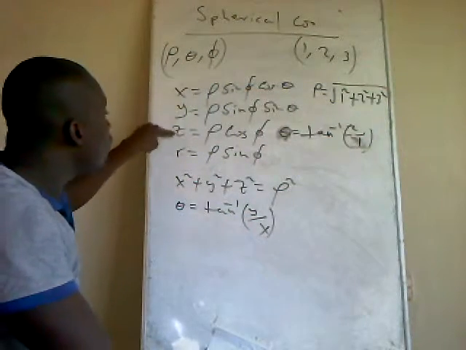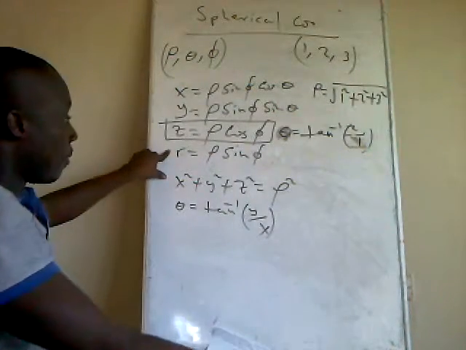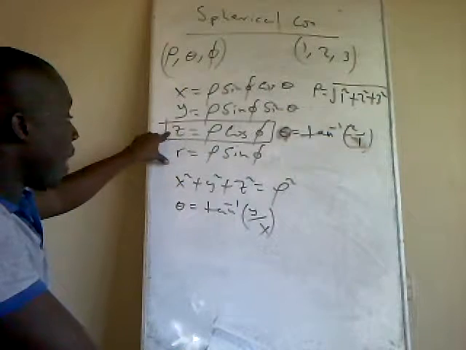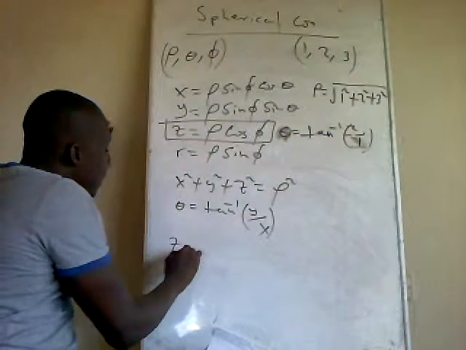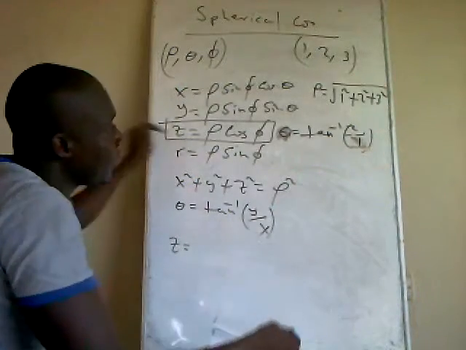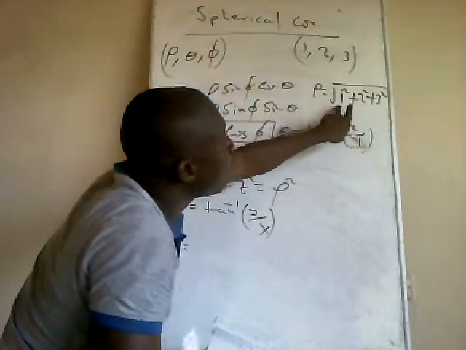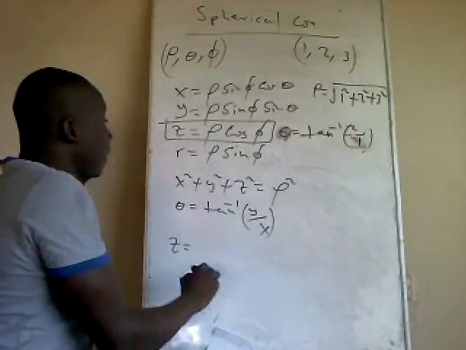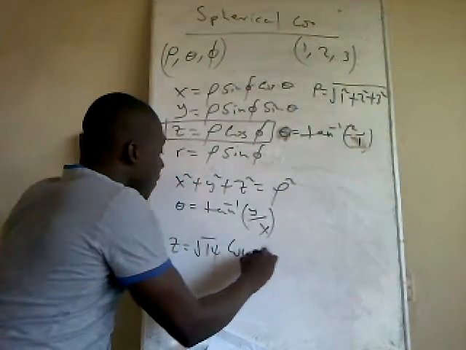Then next, I can talk of phi. Now, always use this equation for phi. It's important. Don't use the r. Use the z equation. Now, z is equal to rho cos phi. What is my rho? I've computed it already. This is 9, this is 4, so with 14. So rho is root 14 cos phi.